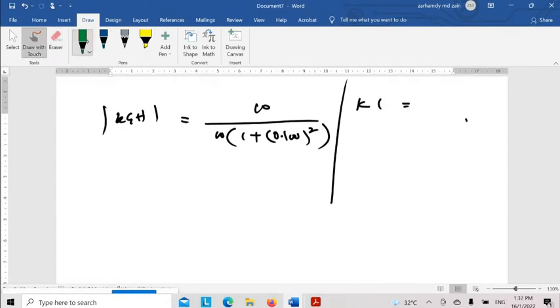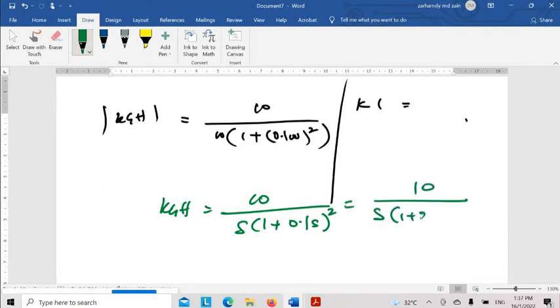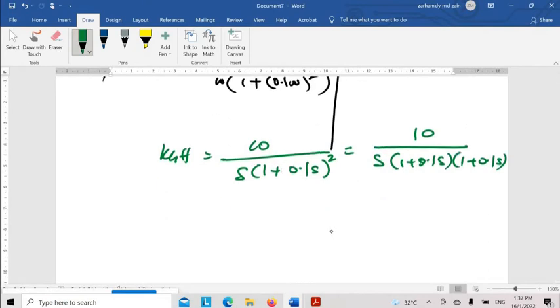At first we have s, then 1 plus 0.1 s squared. So we have s times 1 plus 0.1 s, 1 plus 0.1 s.